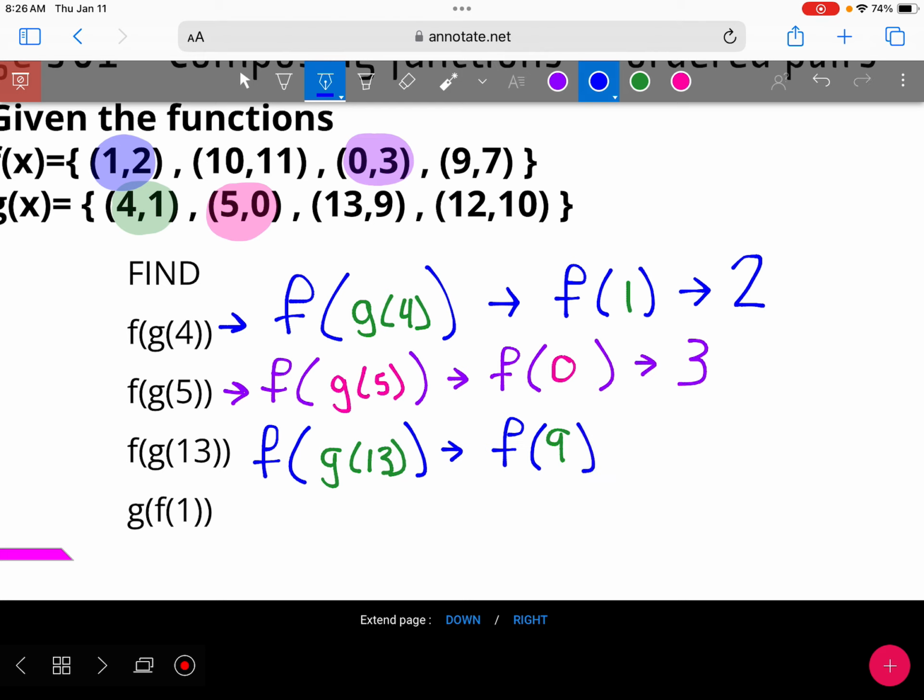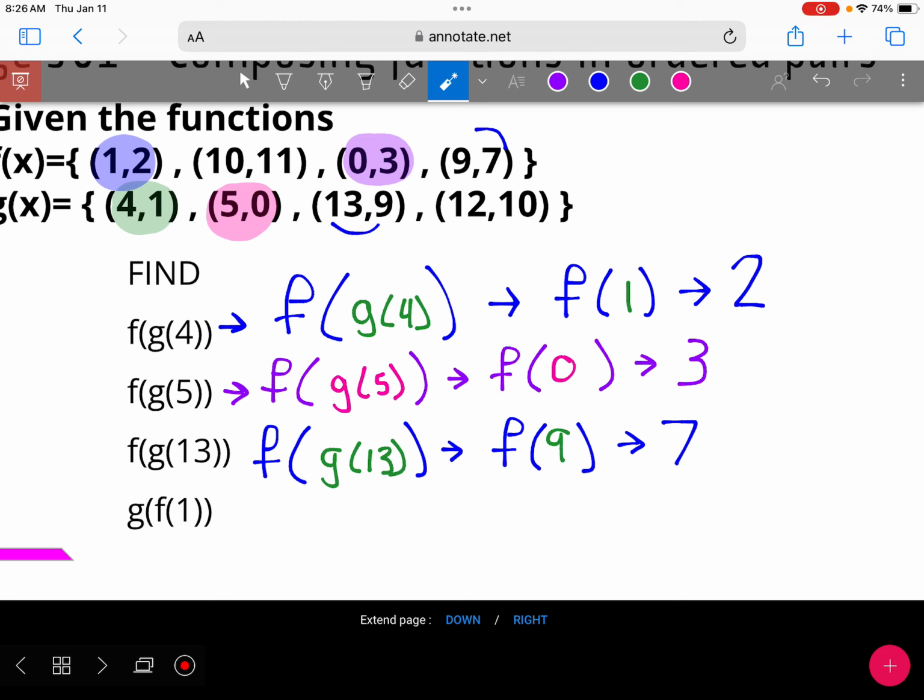What's f of 9? 7. So we're following the trail: 13 to 9, 9 to 7. And we can go in whatever direction it says. Sometimes they'll get really, really long. They'll put like 5 or 6 points in a row.